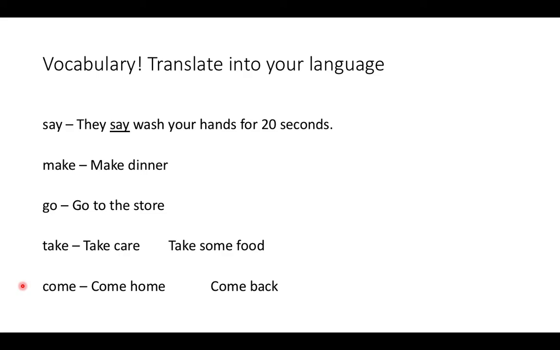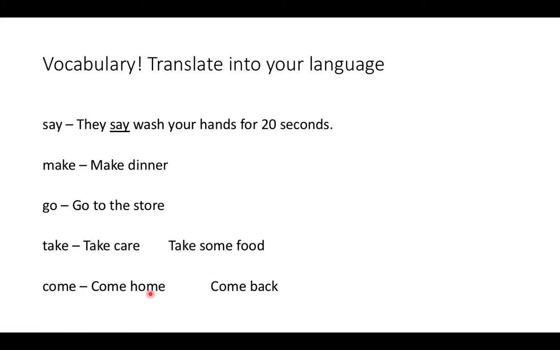So the first one is going to be say. They say wash your hands for 20 seconds. So that's the verb say. The next verb is make, dinner. Go. You can use that by saying go to the store. Take is take care or take some food.